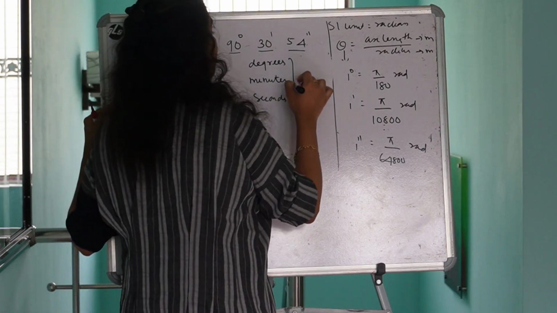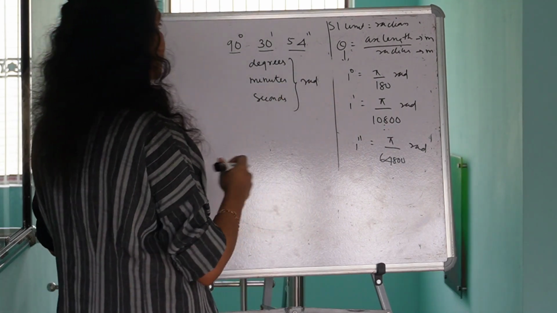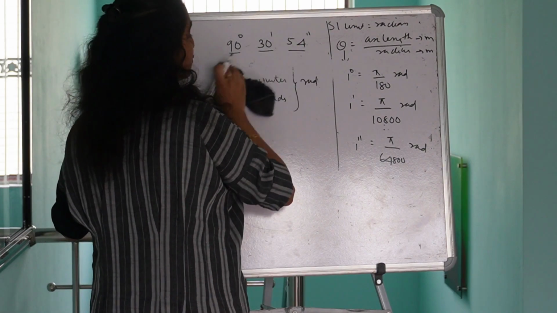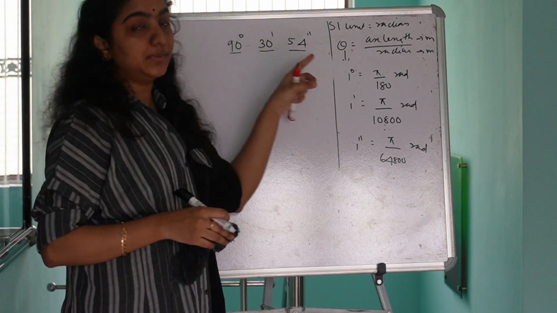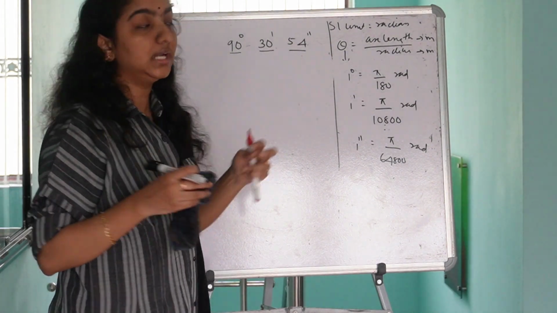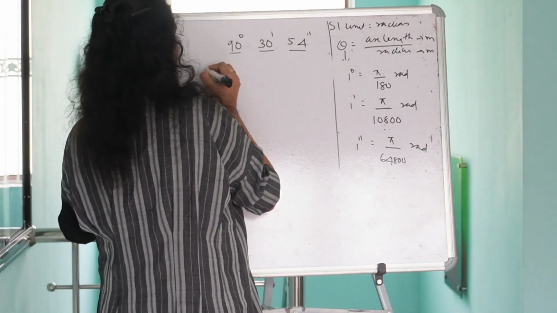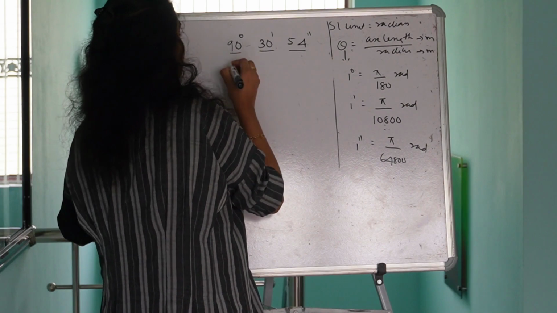Then you can convert the particular value into radian. So the second method has two steps. The very first step is to convert the given value into a single unit. That is, say for example, firstly I'm going to convert all these values into degree.